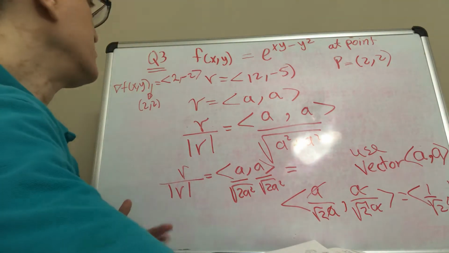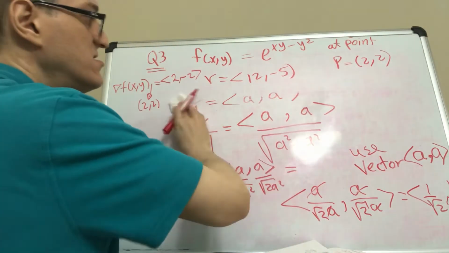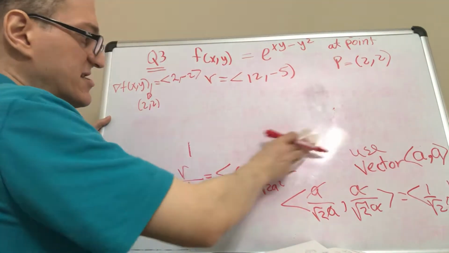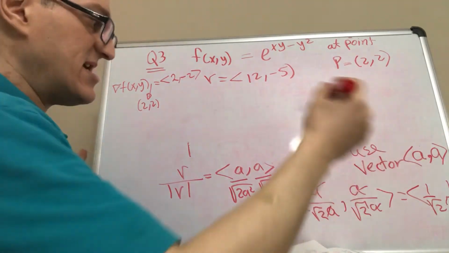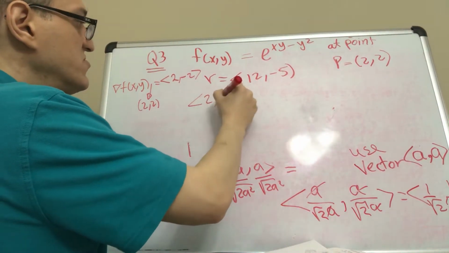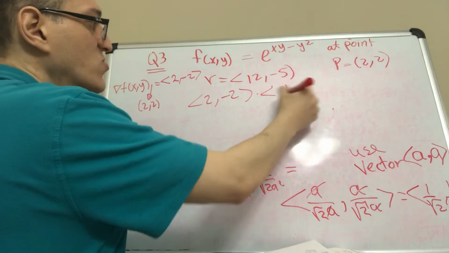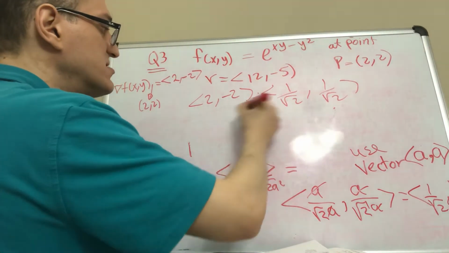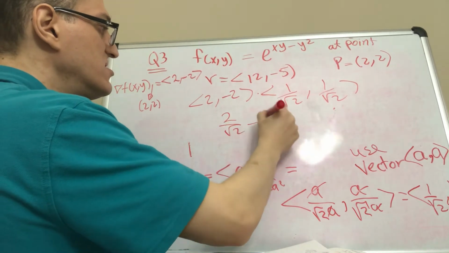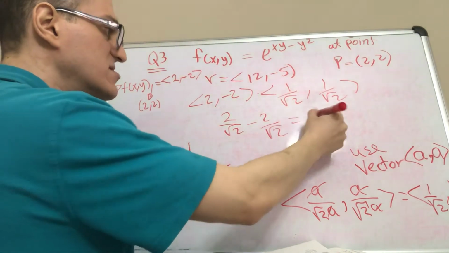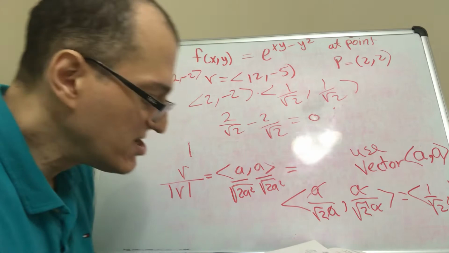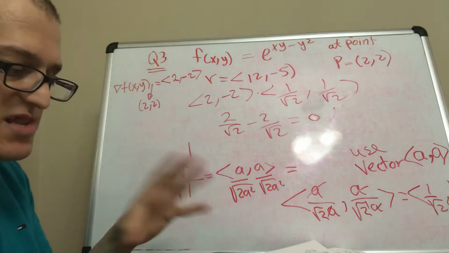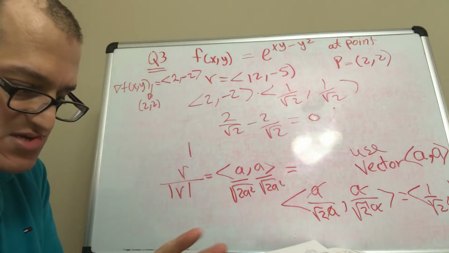So I'm going to do this, which is similar, like D and E ended up with the same answer. 2 minus 2, 1 over root 2, 1 over root 2. This times the first, second times second, answer would be 0. But again, the language is different.